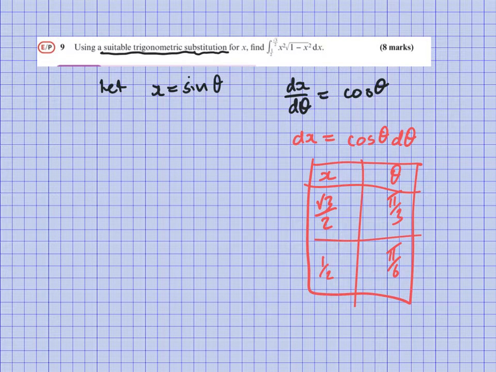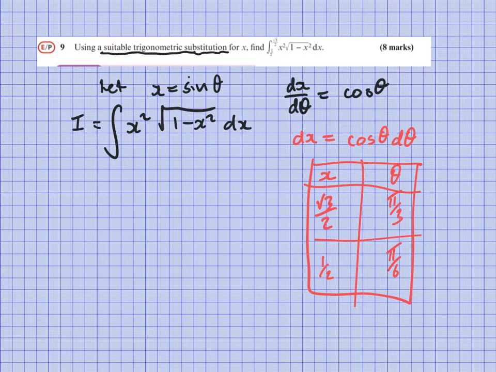Okay, so we've got those upper and lower limits for the integration. Next, we should look at trying to do the substitution, get all the bits substituted in. So I'm going to rewrite the integral, which is x squared times the square root of 1 minus x squared dx.